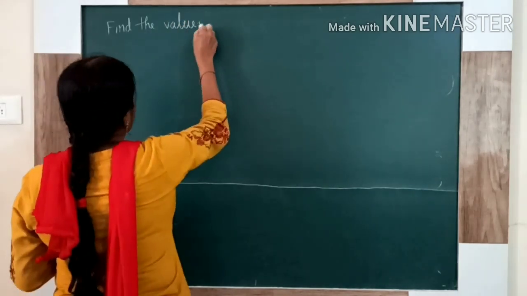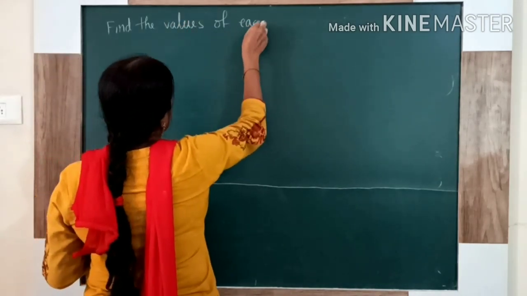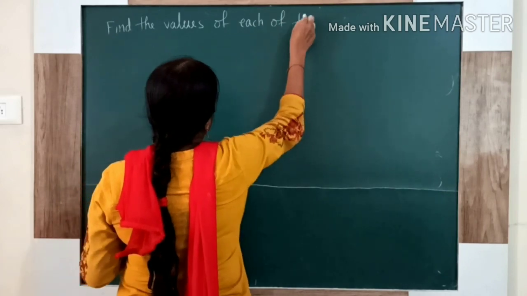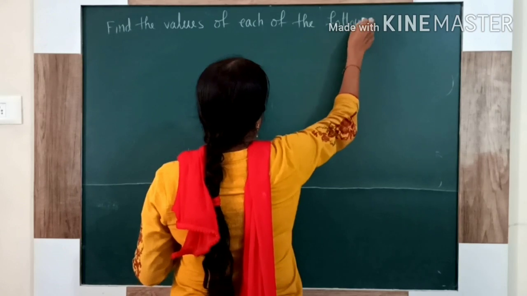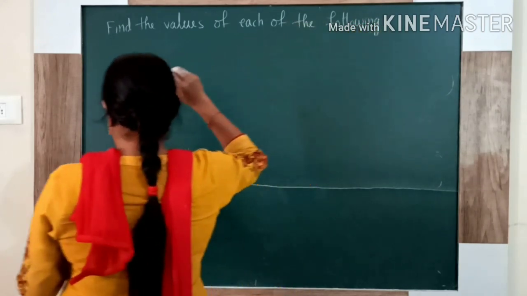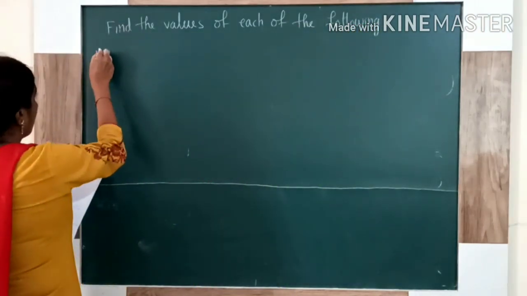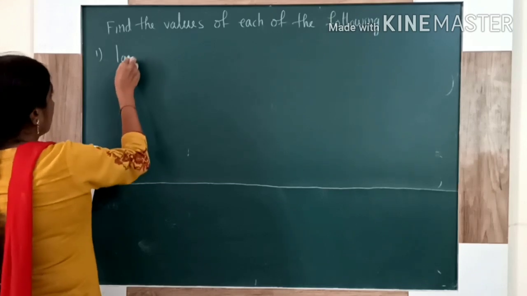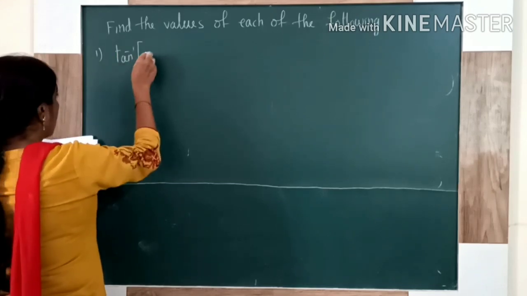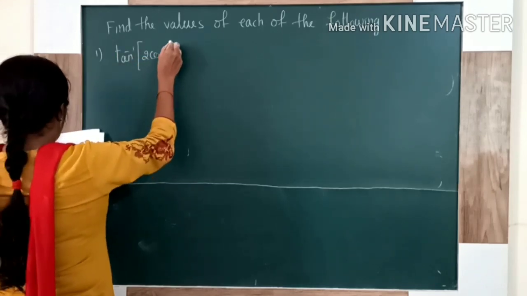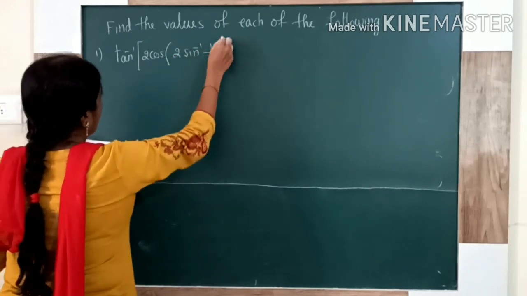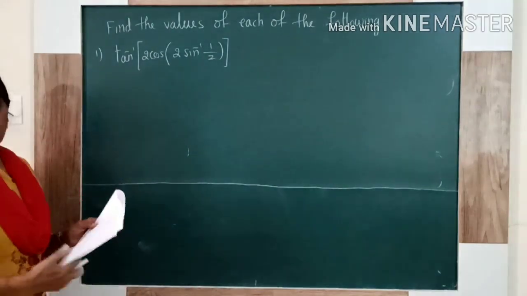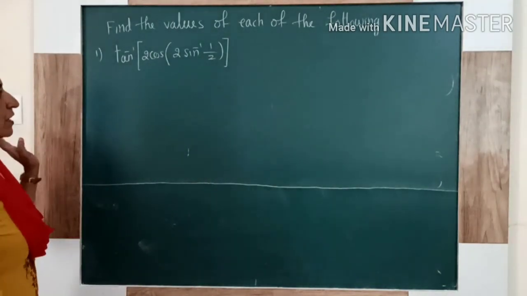Find the values of each of the following. In the first problem: tan inverse of 2 cos 2 into sin inverse 1 by 2. Here we don't have any LHS or RHS.